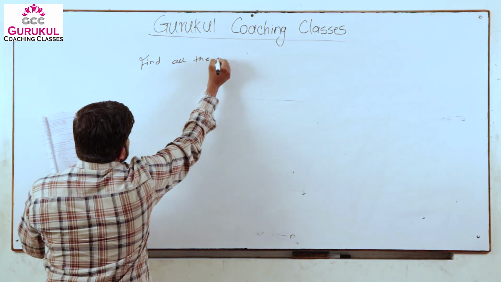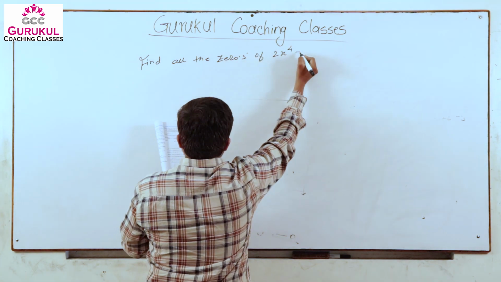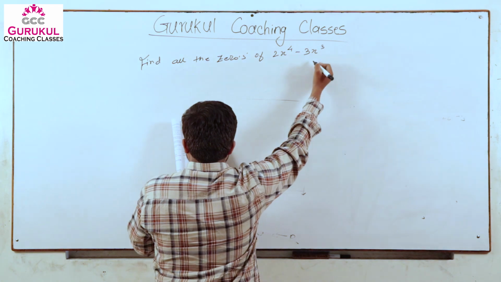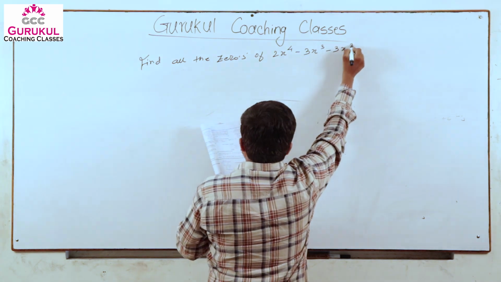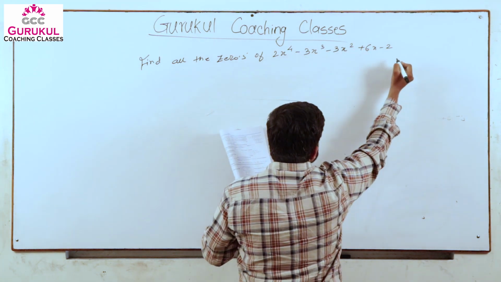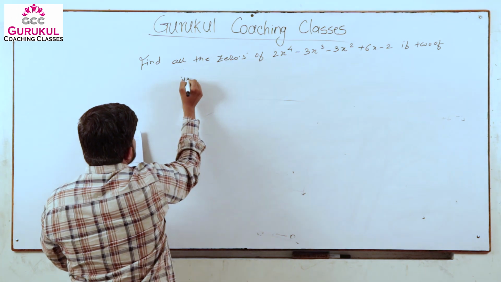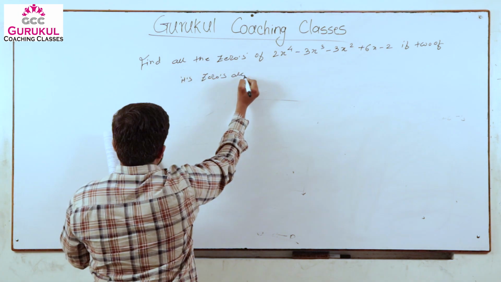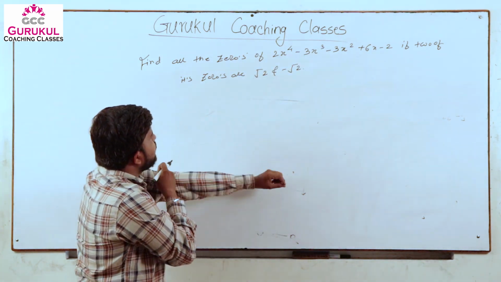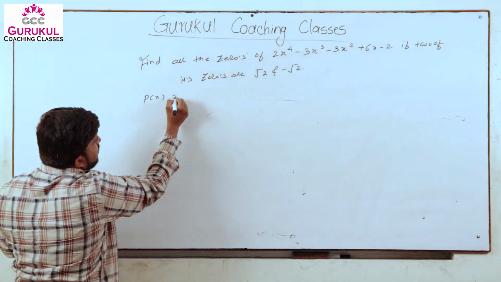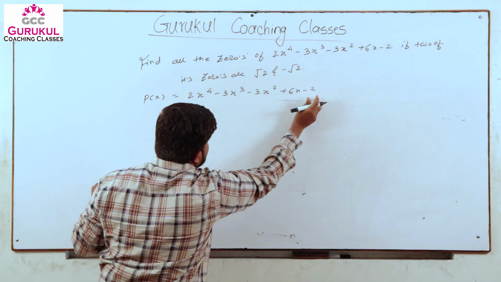Find all the zeros of 2x raised to 4 minus 3x cube minus 3x square plus 6x minus 2, if two of its zeros are root 2 and minus root 2. p of x is equal to 2x raised to 4 minus 3x cube minus 3x square plus 6x minus 2.